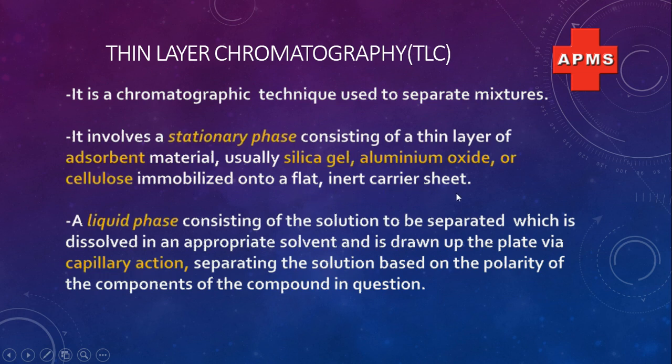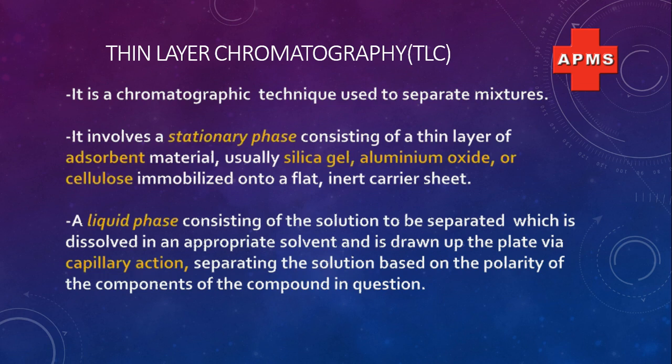The inert carrier sheet could be aluminum foil, or any polymer substrate, or even other types of paper. So this silica gel, aluminum oxide or cellulose coating over the inert sheet works as a thin layer.